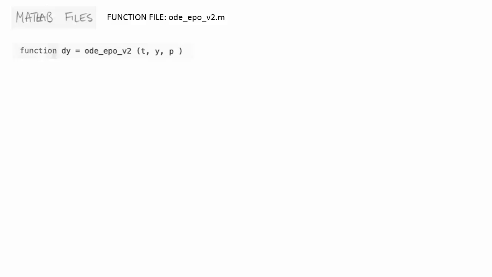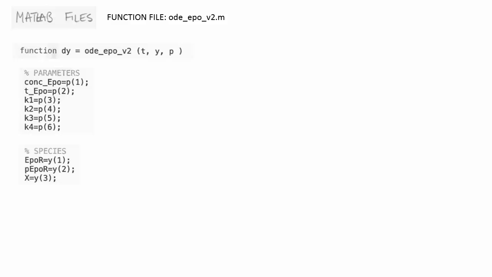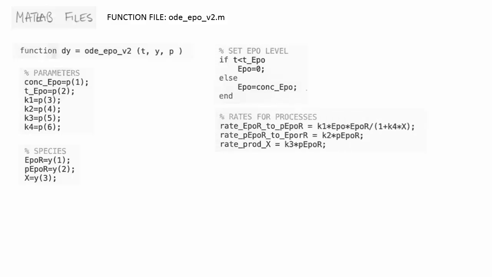Our function file, I've called it ODE EPO version 2 to reflect it's a modified function. We have extra parameters K3 and K4. We have extra species X, but then it proceeds pretty much as before. We just set the EPO level according to whether it's before or after the time we injected it.